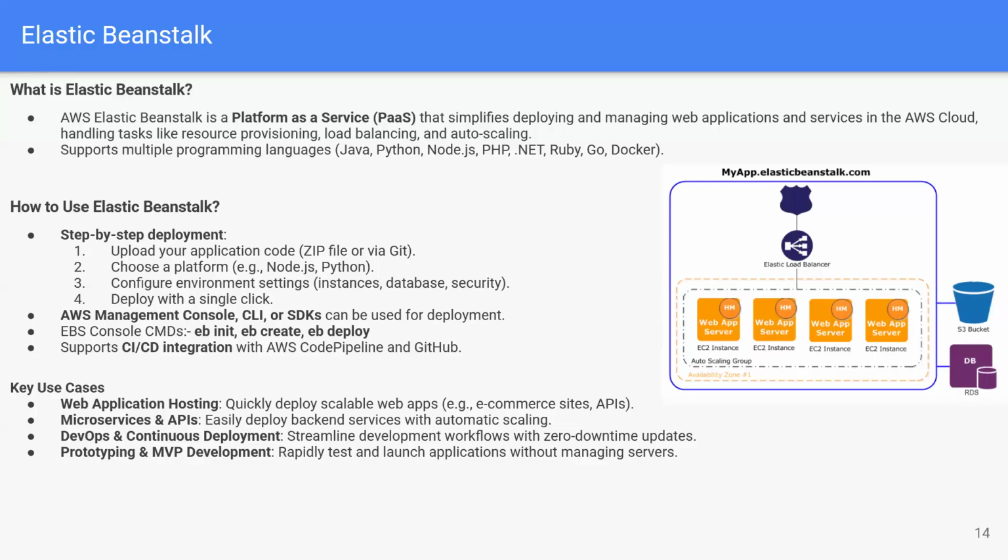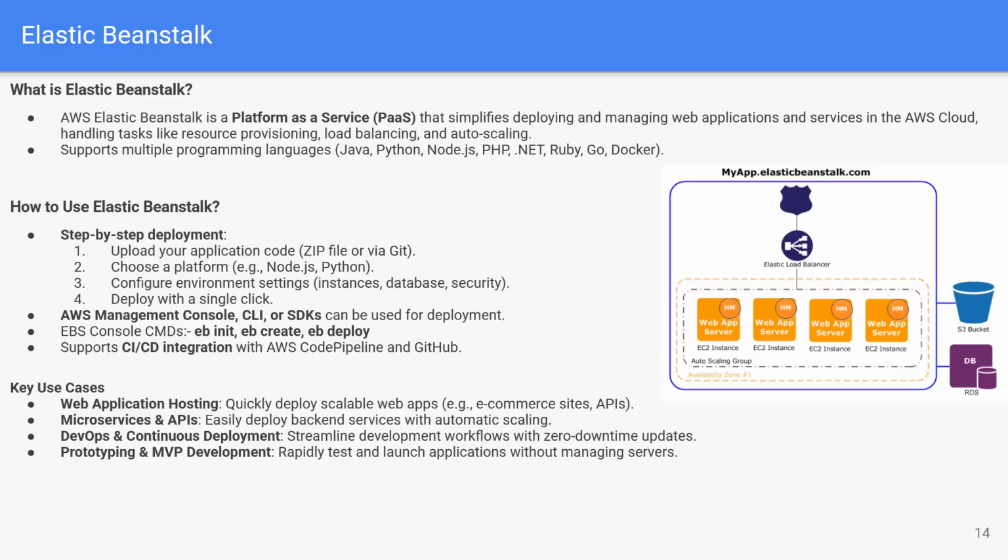At the same time, we can configure the environment: how many instances we need to run this application, how our database connections and security groups work, and how auto scaling works. Then with a single click, we can deploy our entire application in a few minutes.